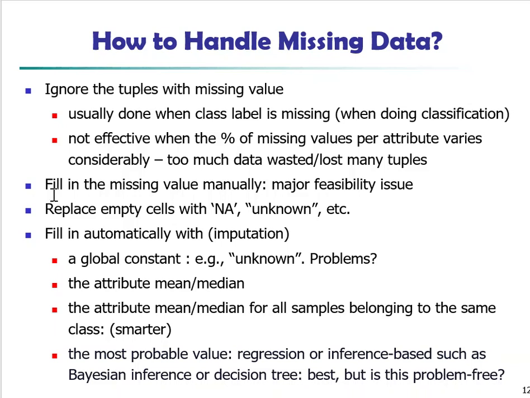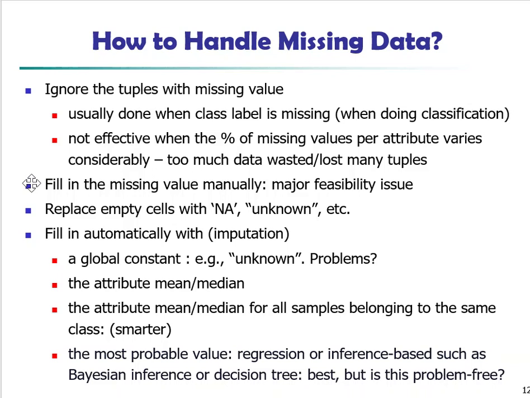But none of the methods is actually ideal. So ignoring tuples certainly has issues. You cannot do that when the missing value is the class label that you are predicting, right? When doing classification, you cannot remove tuples if every tuple has some missing value. Then you're going to ignore all the tuples, and you don't have any data to analyze.